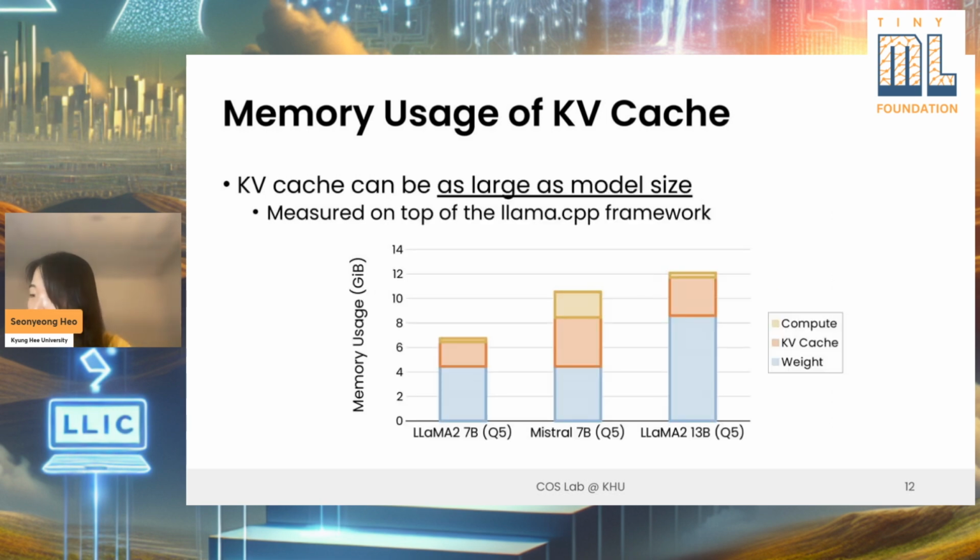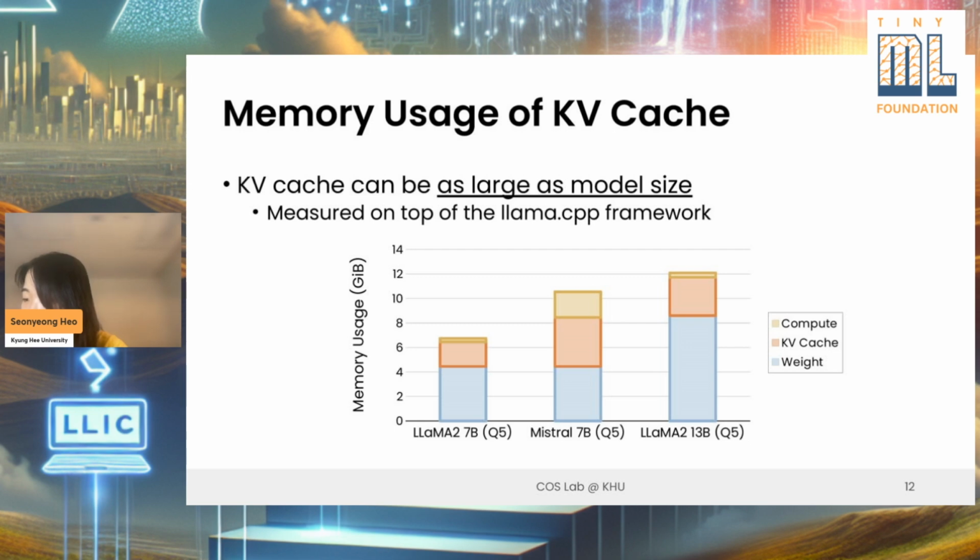To show how large KV cache is, we measured the memory usage of a couple of large language models on top of the Llama C++ framework. The graph shows the memory usage of each model for storing their weights, the blue bars, KV cache, the orange bars, and the activations, yellow bars.